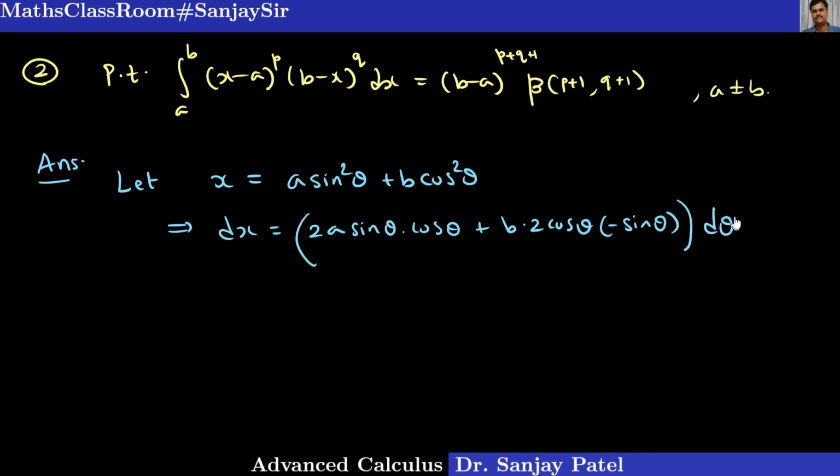So dx is equal to, taking 2 sine theta cos theta as a common factor, since it appears in both the terms, 2 sine theta cos theta, this is minus b and this is plus a, so I will get a minus b into d theta.